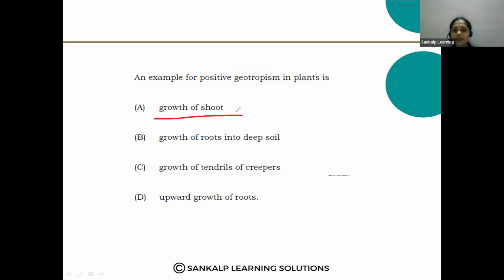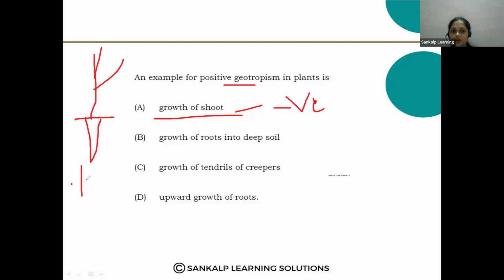Growth of the shoot is an example of negative geotropism. Geo means earth, right? So towards the earth. In a plant, roots grow towards the soil, so that shows positive geotropism. But the shoot of the plant shows negative geotropism, meaning it grows away from the earth.